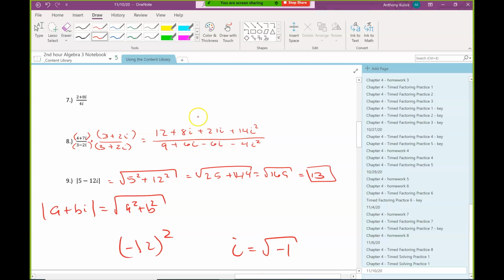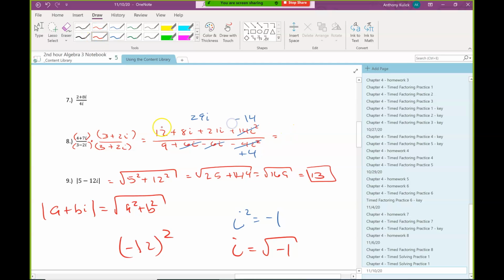So I can combine my like terms. Negative 6i and positive 6i cancel out. 8i and 21i become 29i. And remember that since i is equal to the square root of -1, i squared is equal to negative 1. So this part becomes negative 14, and that part becomes positive 4.